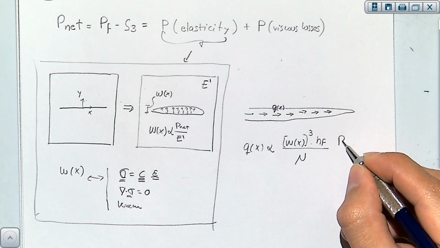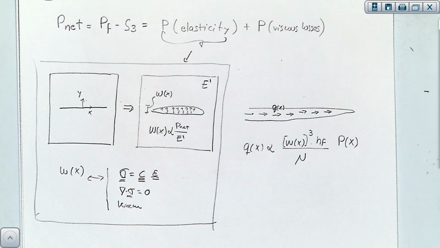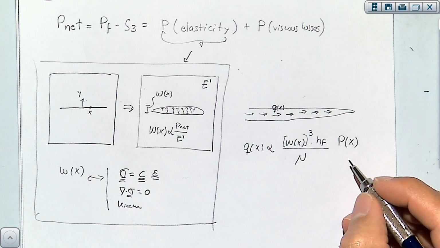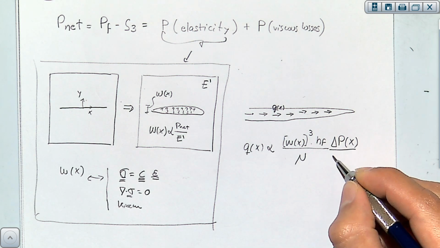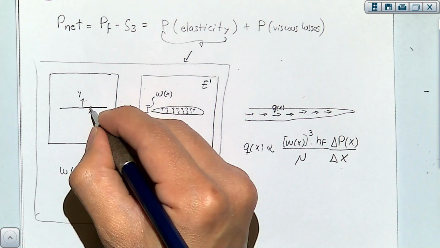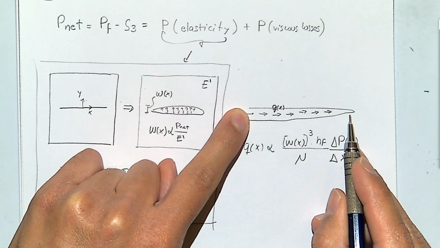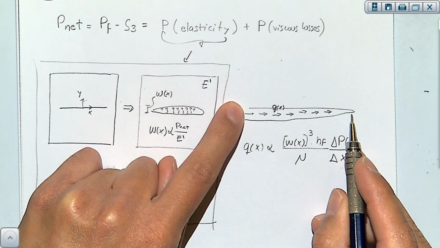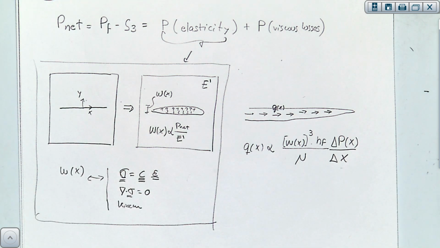So this is going to be the pressure of the fluid as a function of distance, divided by that distance. So I'm assuming that here x is in this direction. Pressure is not going to be the same here as there. In order to move, the pressure has to be larger here than at the end. So the pressure actually is not going to be constant in the general case, but it's going to have a gradient, because otherwise you don't have fluid flow.